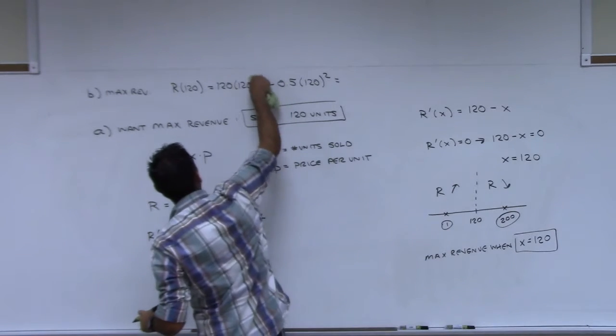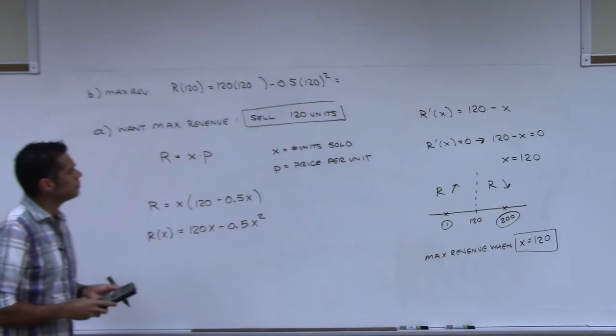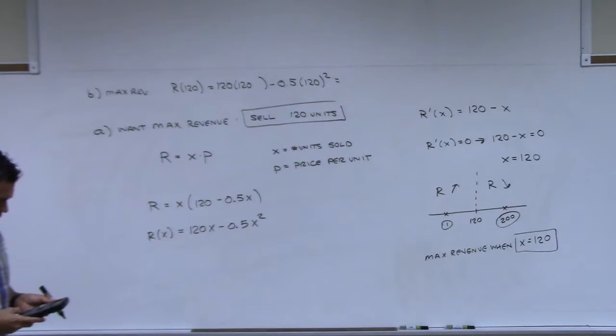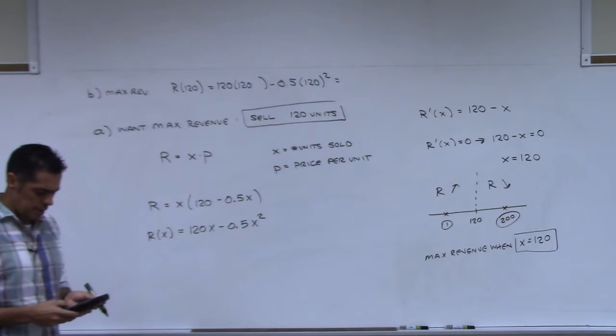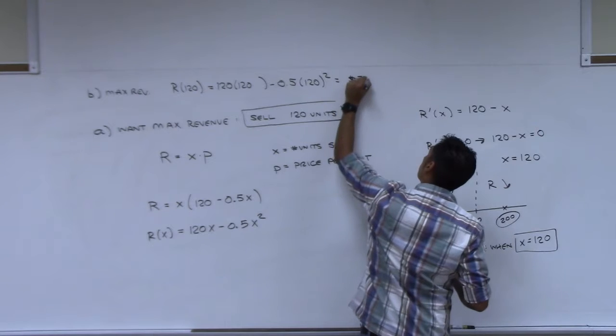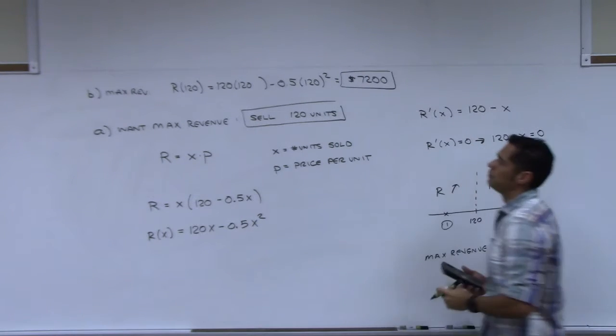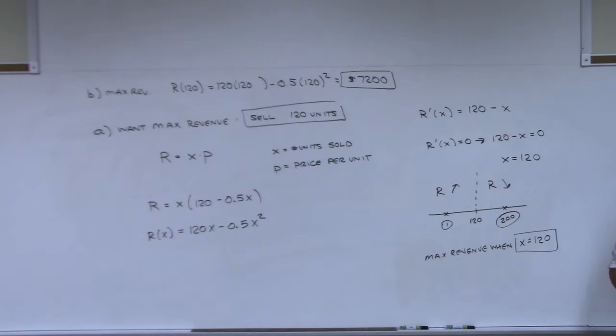Take that x out of there. I replaced the x with 120. $7,200. Any others out there agree? Yep, okay. $7,200. All right, A and B are done.